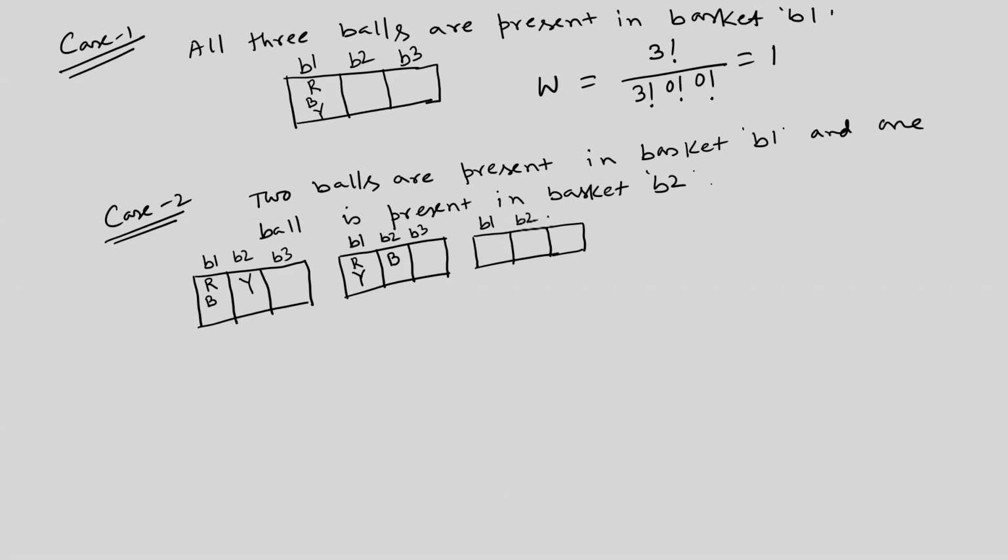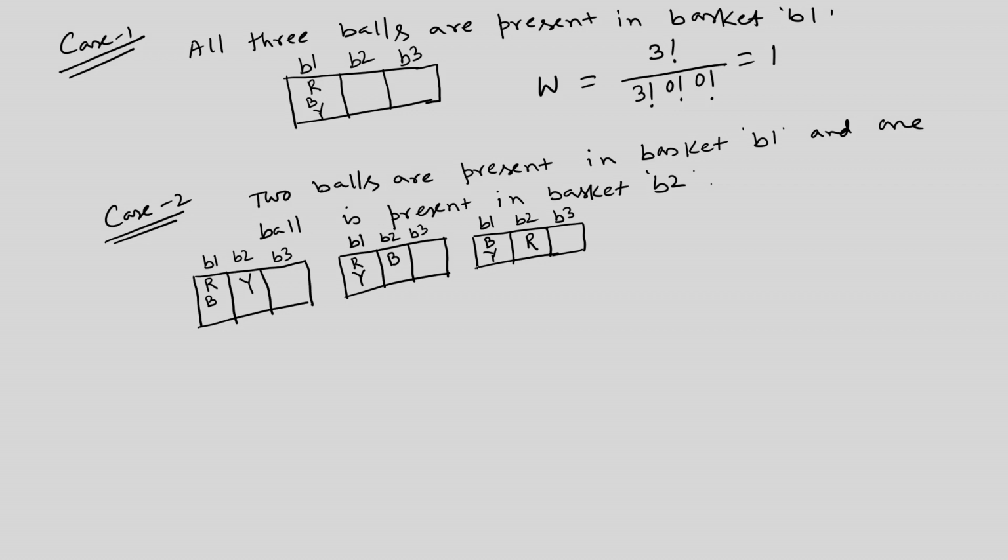Next, we put B and Y in basket B1 and R in basket B2. Okay. So, how many ways can we distribute the three balls such that we get two balls in basket B1 and one ball in basket B2? That is three different ways.